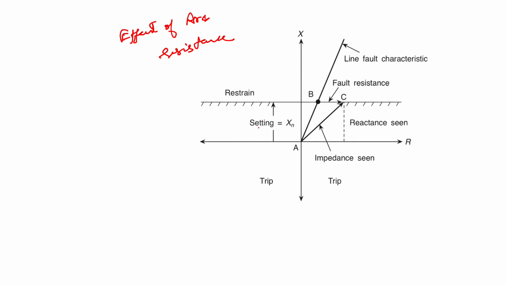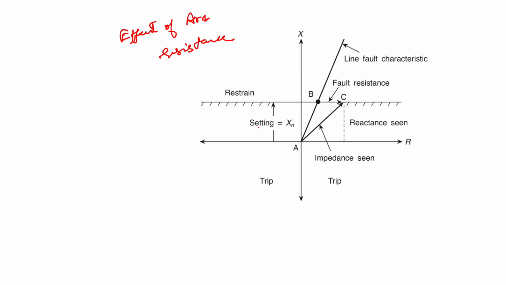It can be seen that the impedance seen by the relay, that is AC, still remains within the trip region, and thus the reach of the reactance relay remains unaffected in spite of the presence of the arc resistance. This is only to be expected, as the relay measures only the reactive part of the ratio of voltage and current. So this is the superior performance during arc resistance.